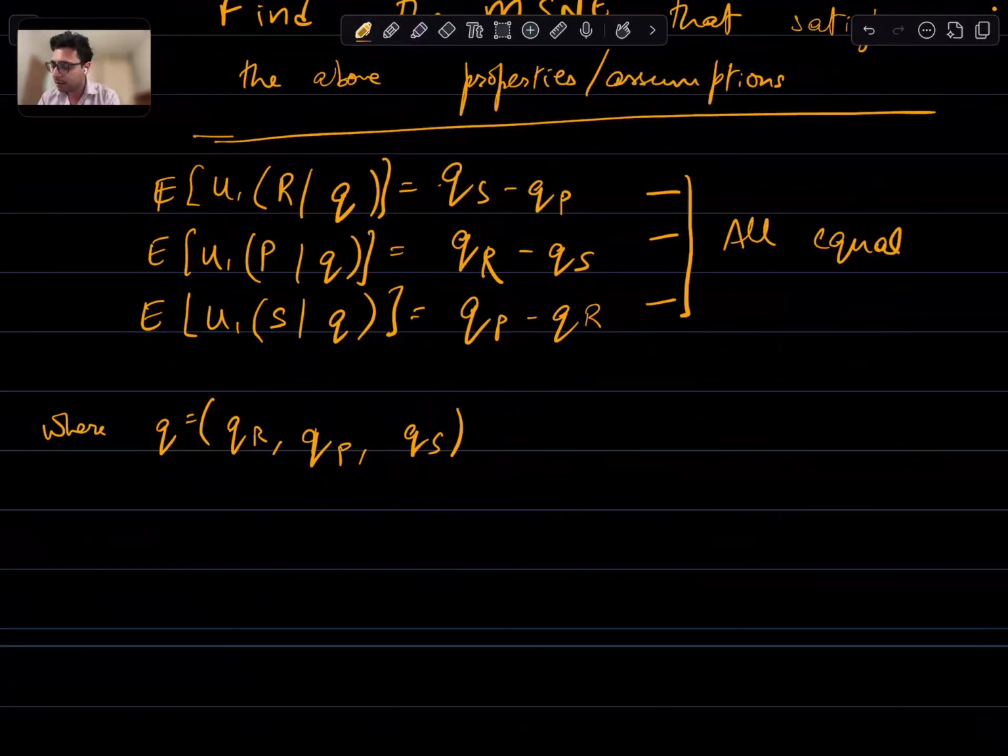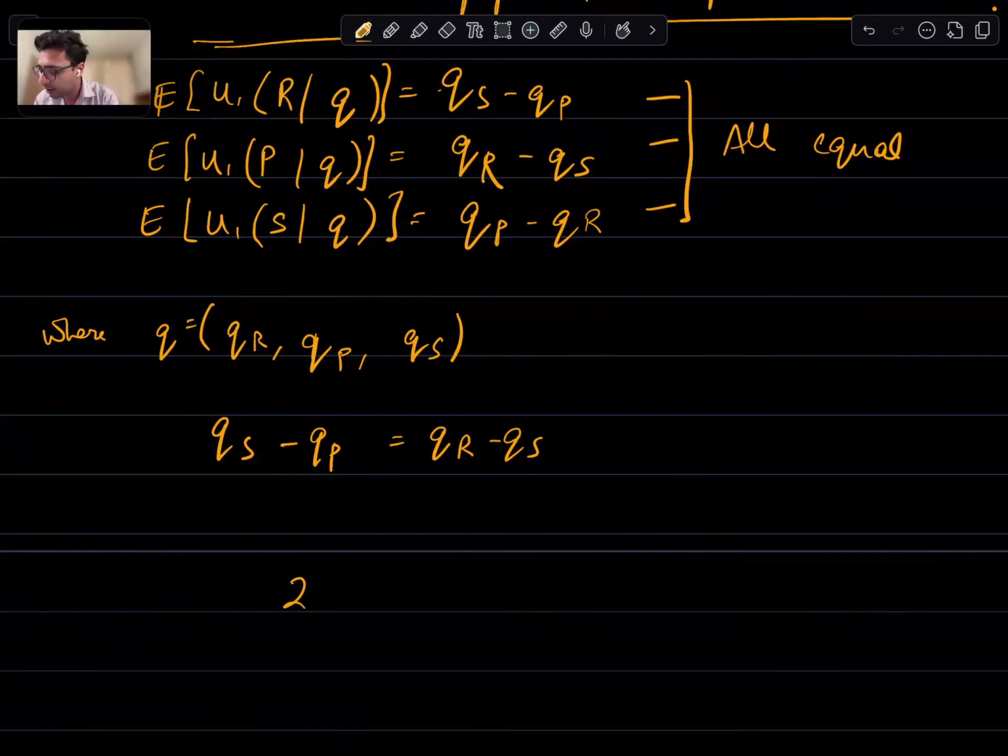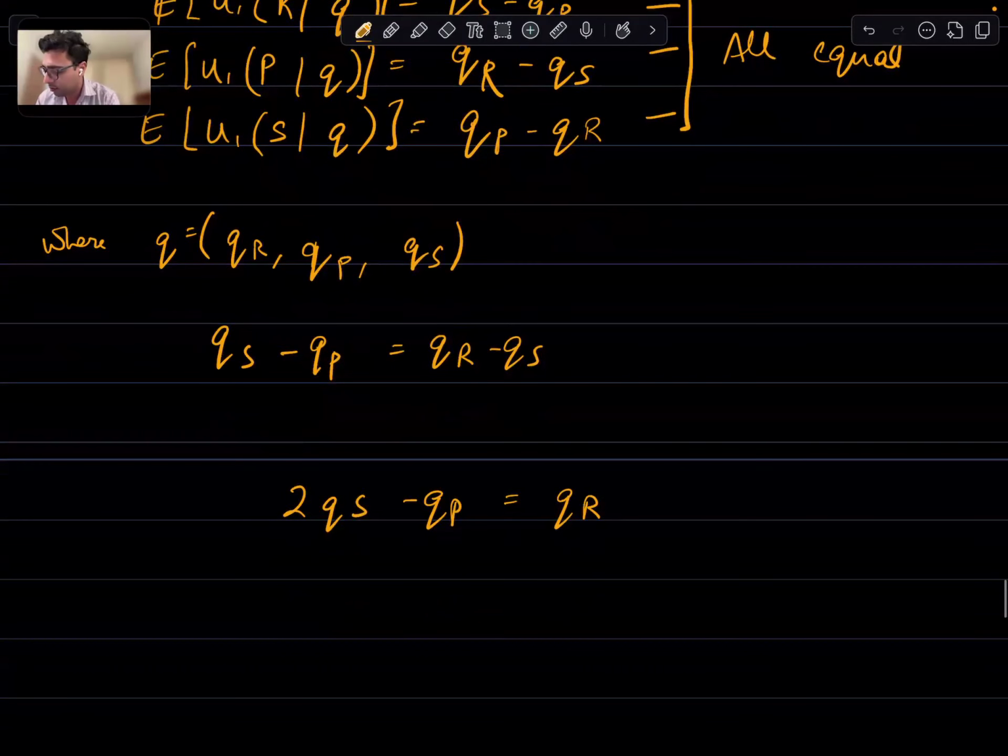Going back here, what this tells me is that QS minus QP has to equal QR minus QS, which means that 2 times QS minus QP has to equal QR. So first I just added QS on both sides.